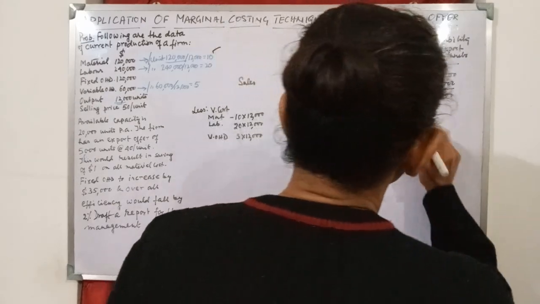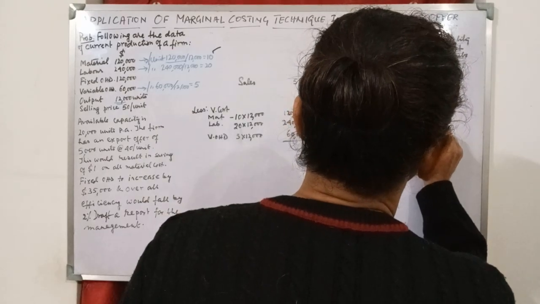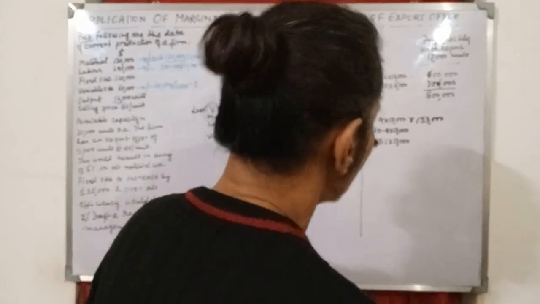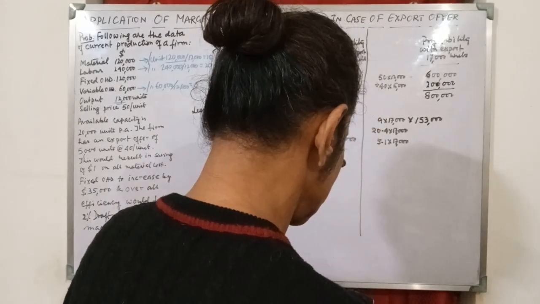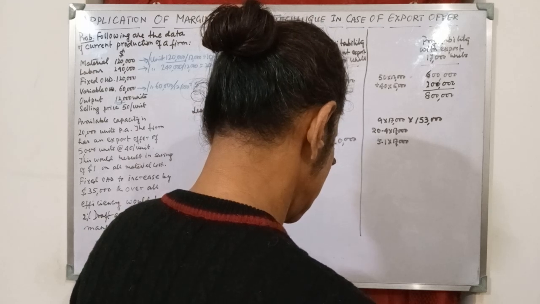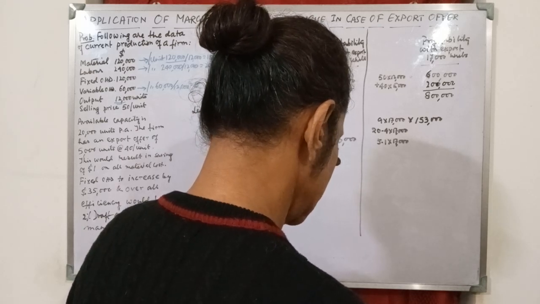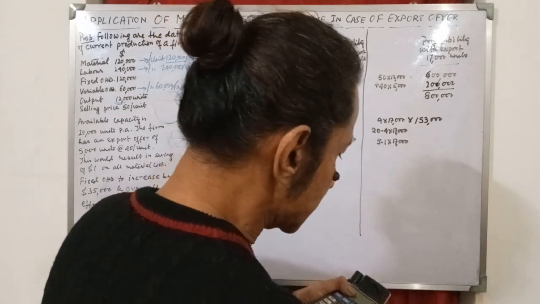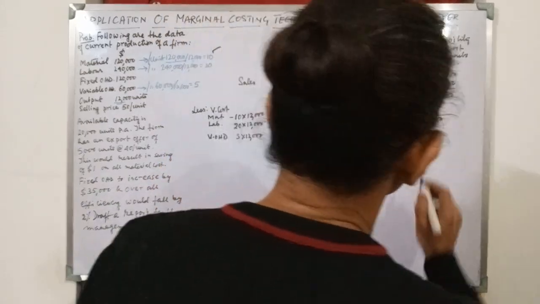This is 153,000. 20.4 into 17,000 is equal to 346,800.